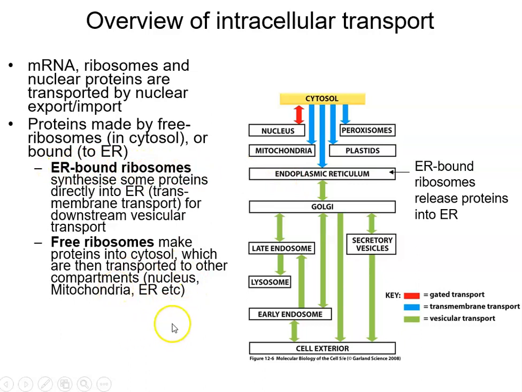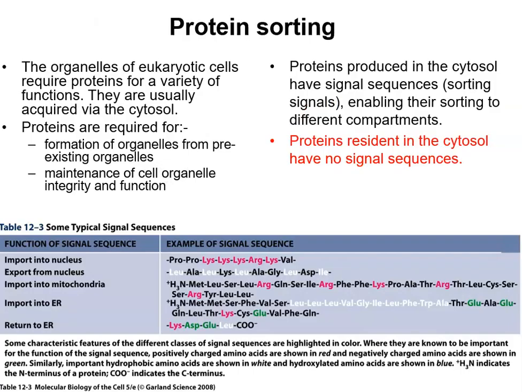Some are made freely in the cytosol by the free ribosomes, and then they make their own way to the endoplasmic reticulum. So once proteins are made, they have to get to their destination. They have to get to the right organelles. And proteins have signal sequences on them that send them to the right place. So proteins that are produced by the free ribosome cycle in the cytosol will have signal sequences.